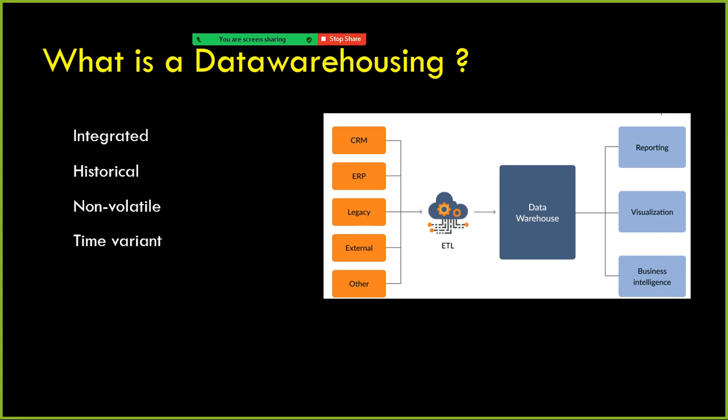The customer's orders get stored in a database called online transaction processing, because in OLTP we store only a limited amount of data. We don't store the history.